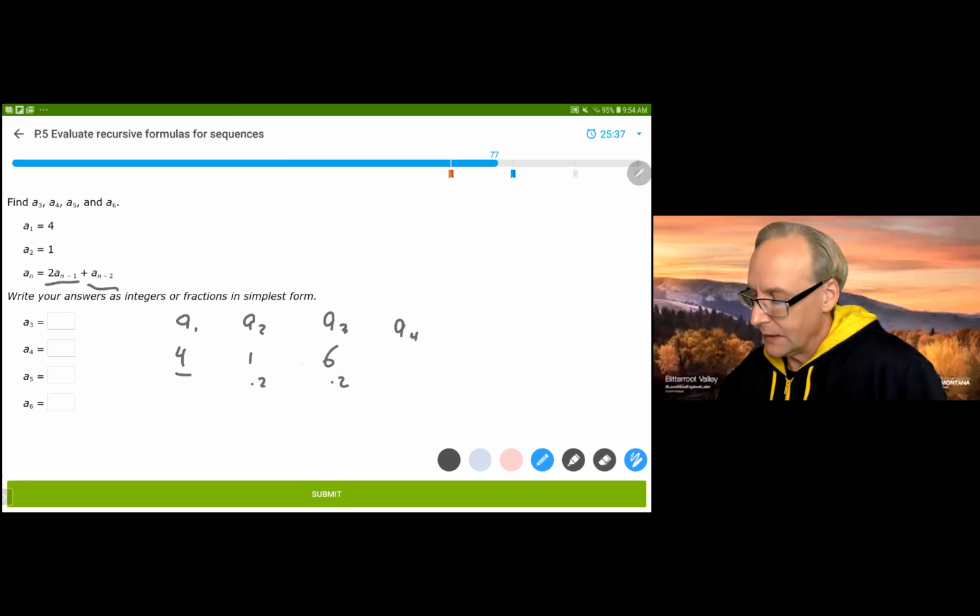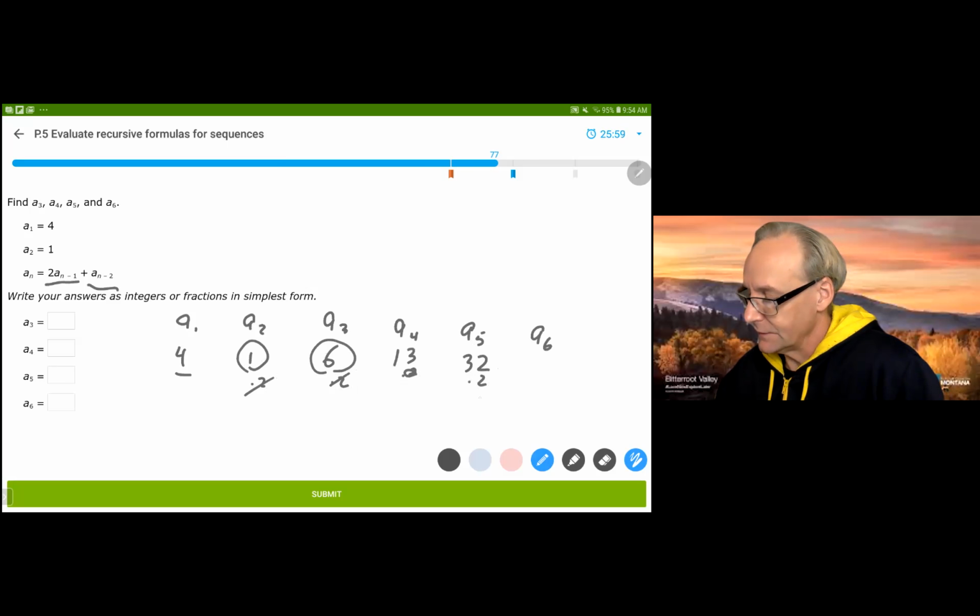That gives us 12 plus the 1. Remember, we're not adding the double this time. It's 12 plus 1 is 13. And to get to A5, we're going to take the last one and double it. That's 26 plus the 6. So 26 plus 6 is 32. And to get to A6, we're almost there. We're going to double the 32, which gives us the 64, plus the 13, which gives us 77.